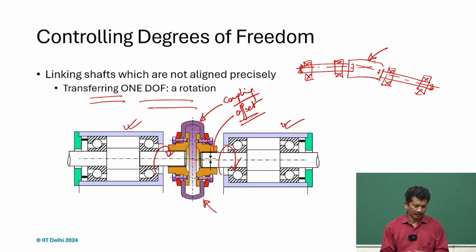So, it does all of them, and the rotational constraint is there, but yes, because it is flexible in that direction, it is very difficult to get that precision in this case.